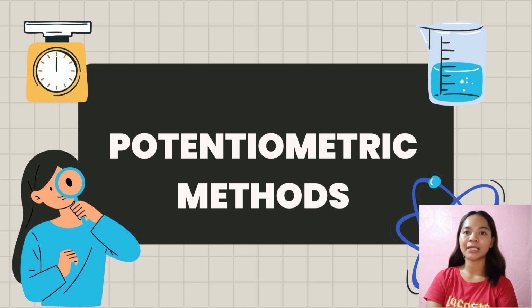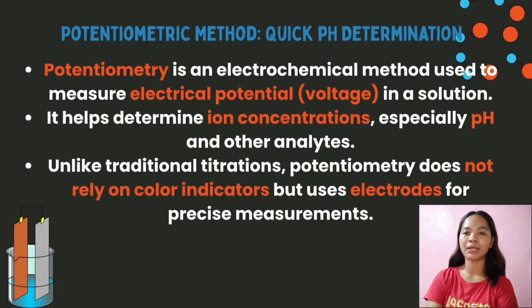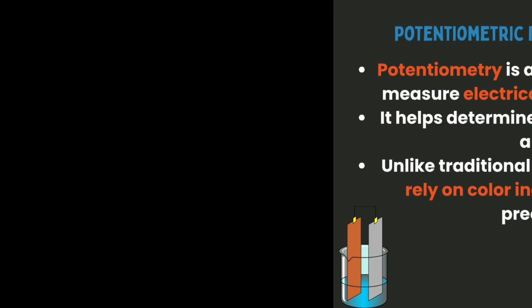Potentiometric methods, a key subtopic of electrochemical analysis, involve measuring the electrical potential of a solution using electrodes to determine ion concentrations without drawing significant current. This technique, rooted in the Nernst equation, is widely used for pH measurement, potentiometric titrations, and environmental monitoring, offering high precision in chemical analysis.